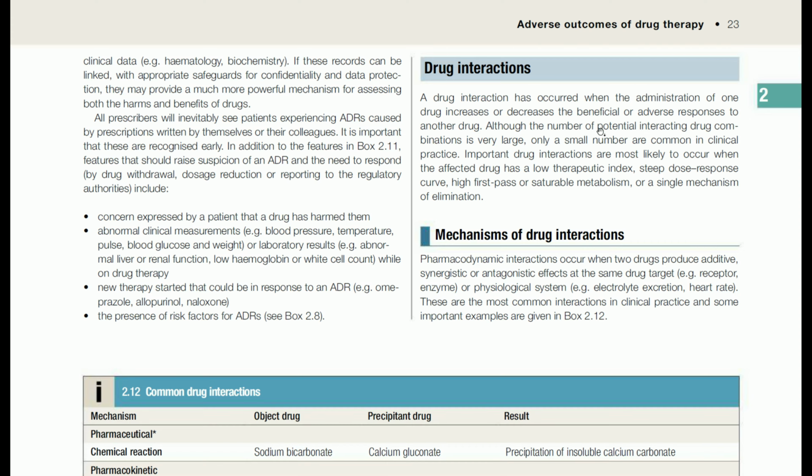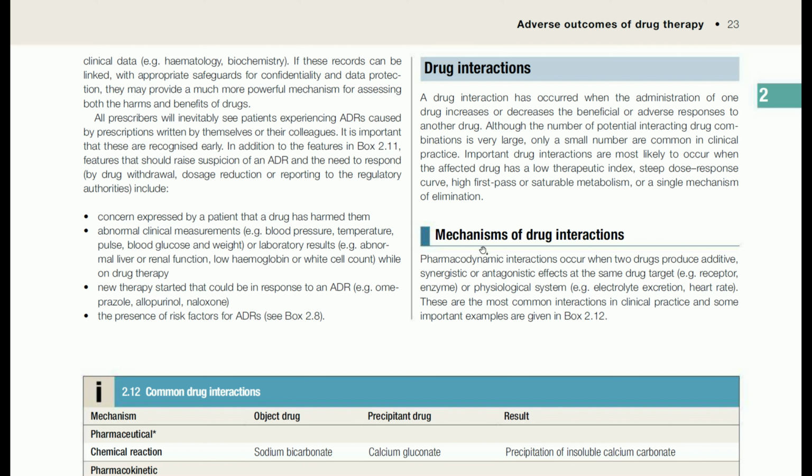Although the number of potential interacting drug combinations is very large, only a small number are common in clinical practice. Important drug interactions are most likely to occur when the affected drug has a low therapeutic index, steep dose response curve, high first pass or saturable metabolism, or a single mechanism of elimination.